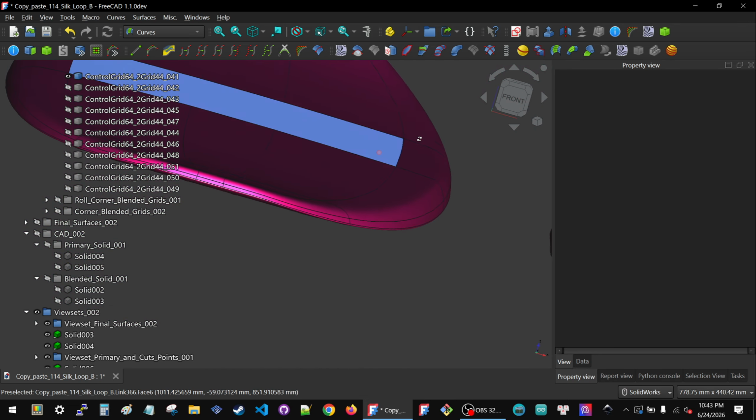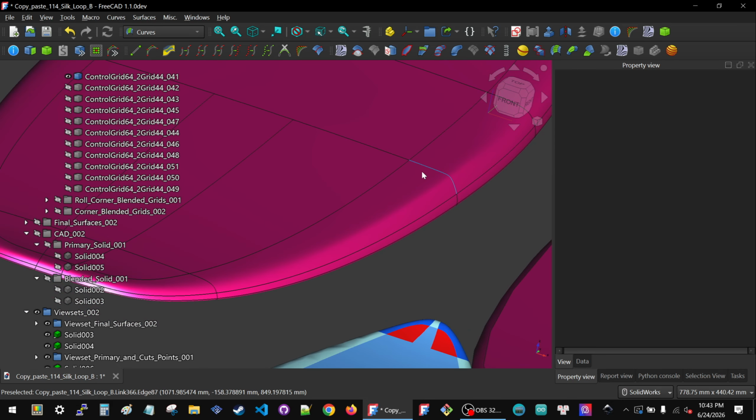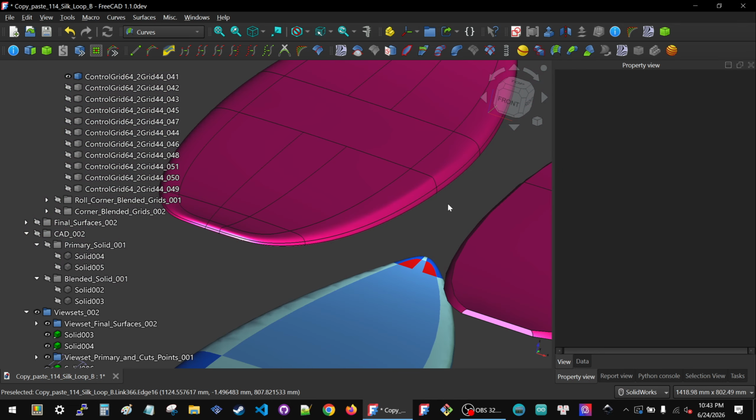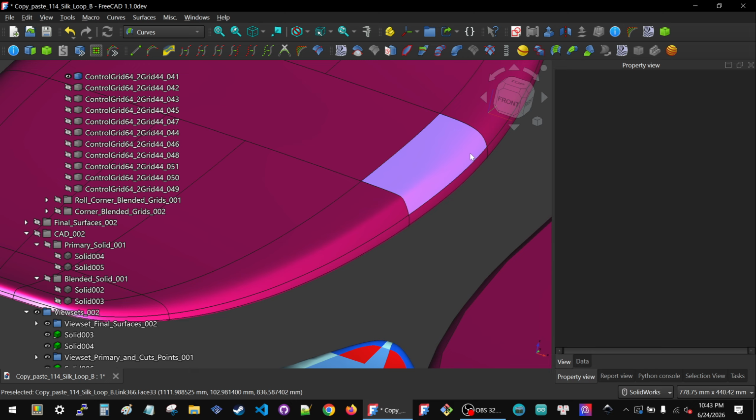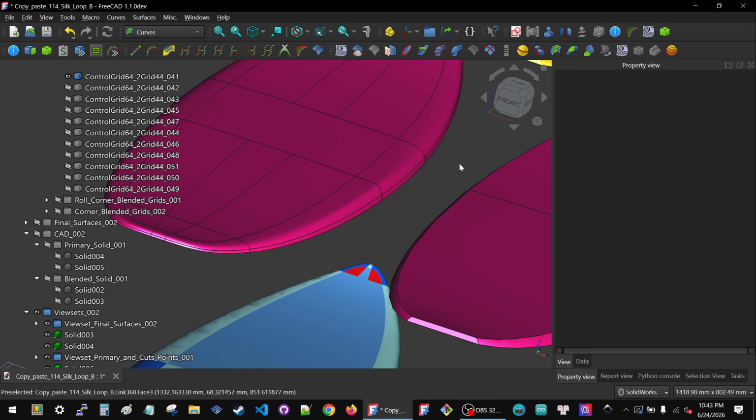But I have created a sharp corner within my blend that is only on half of this edge blend. It goes halfway into the double blend and then it fades out.